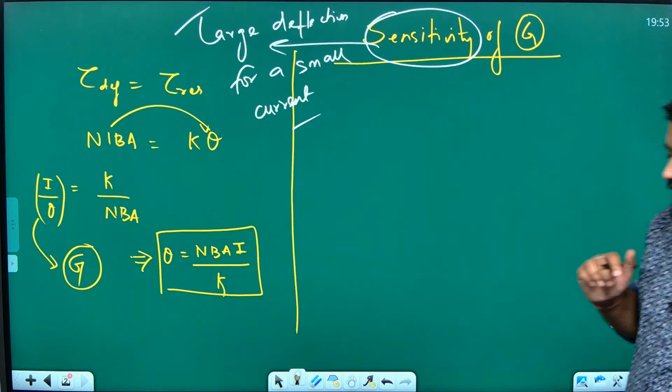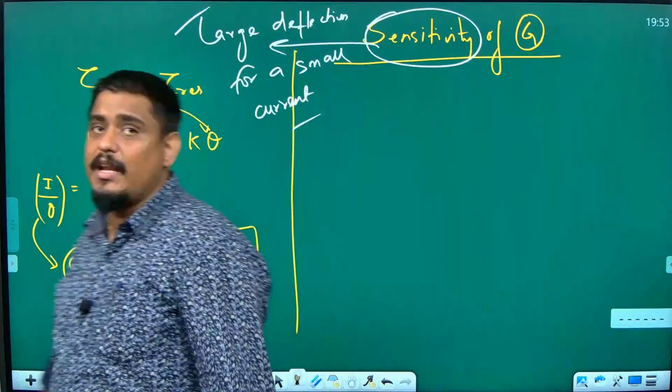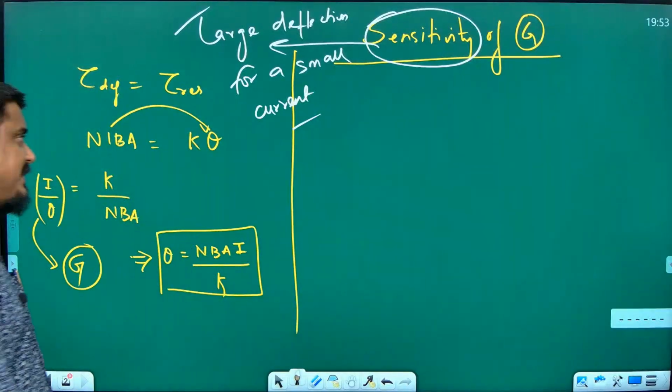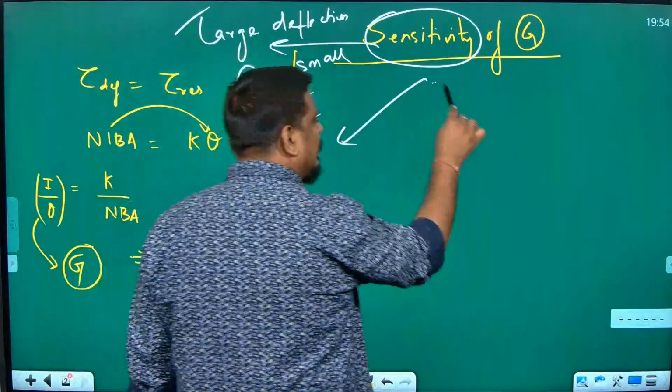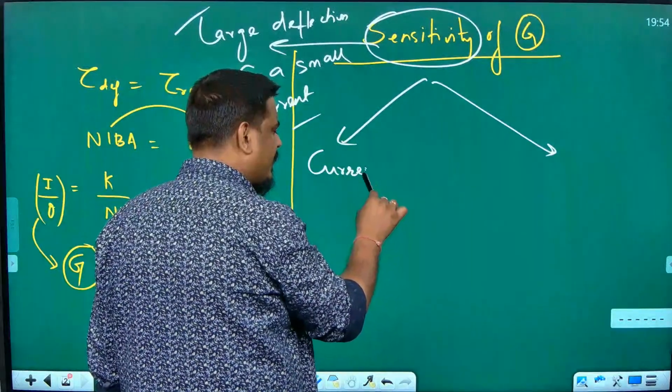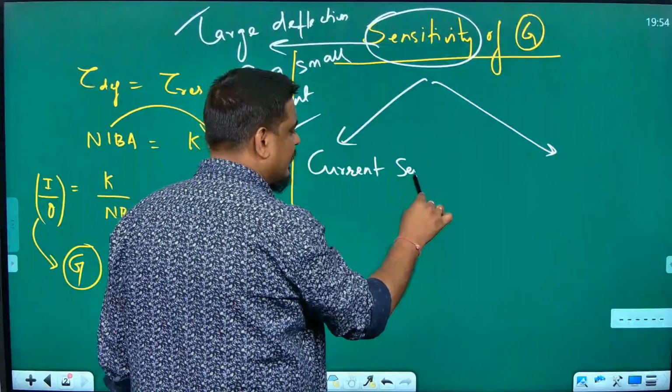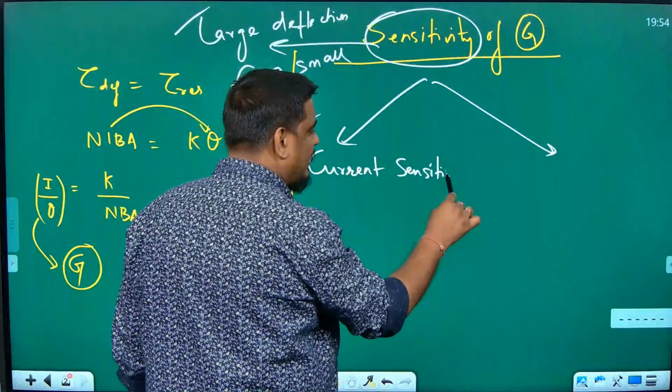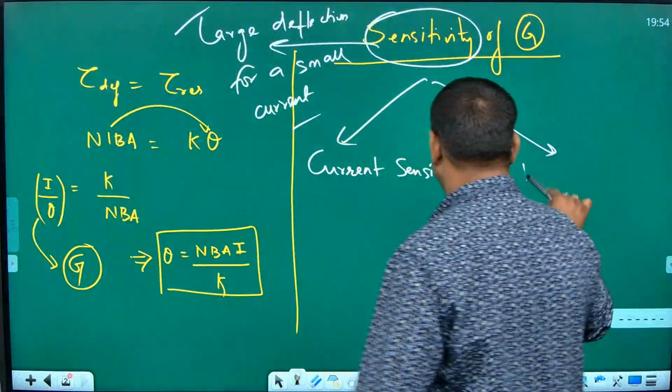Now please pay attention. There are two kinds of sensitivity. One is called current sensitivity, and second is called voltage sensitivity.